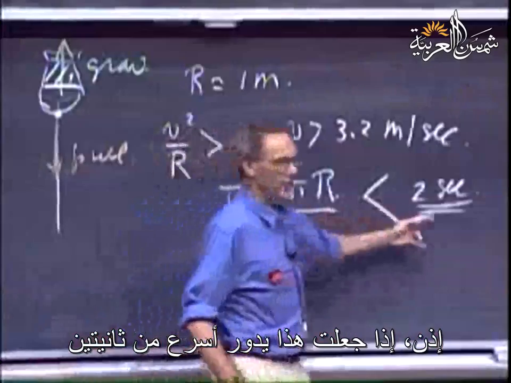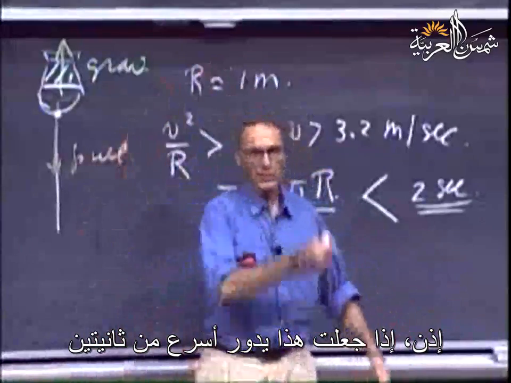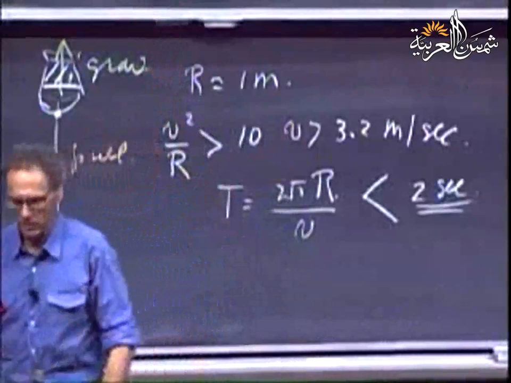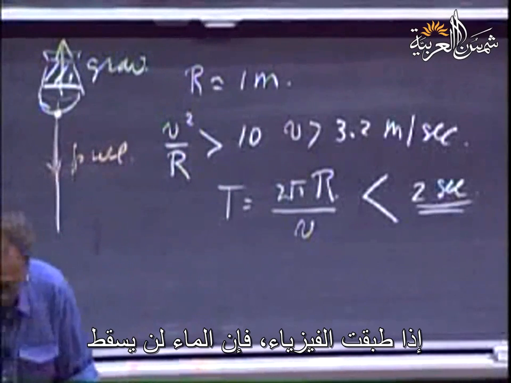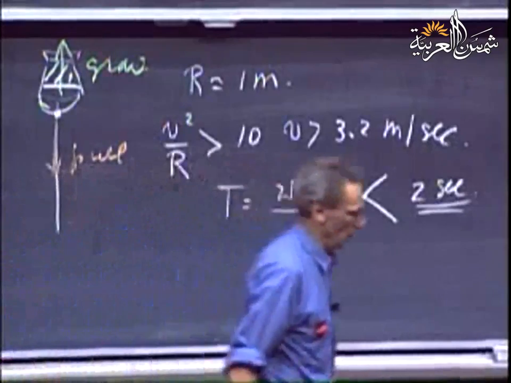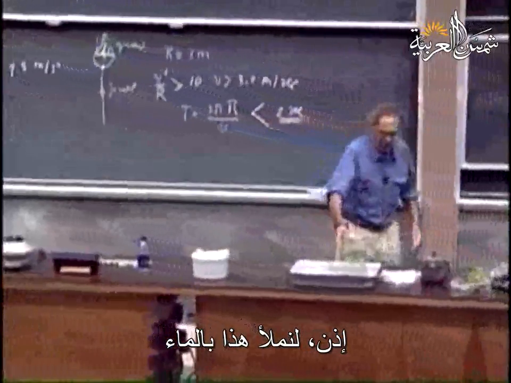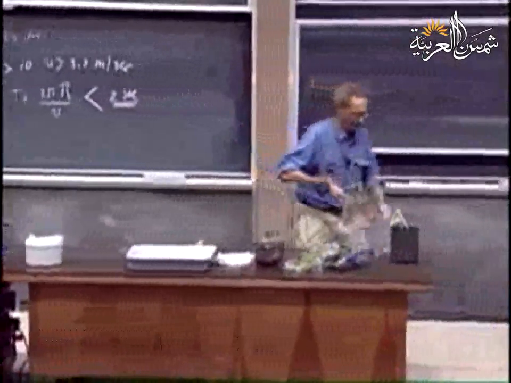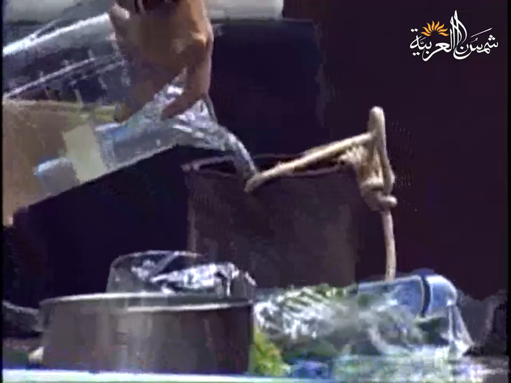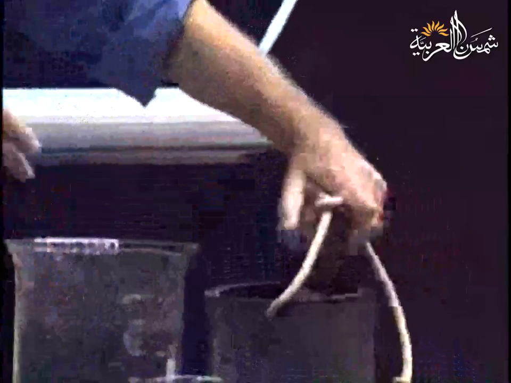So if I rotate this faster than in 2 seconds, when the bucket is upside down, if physics works, the water should not fall out. So let us fill this with water. There we go.